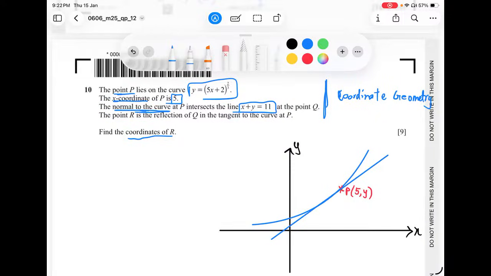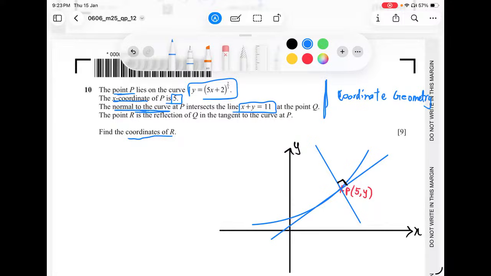So when you draw the tangent, the normal will be perpendicular to it. So somewhat like this, and there is a 90-degree angle over there. So that's your normal, and this normal intersects x plus y equals 11.